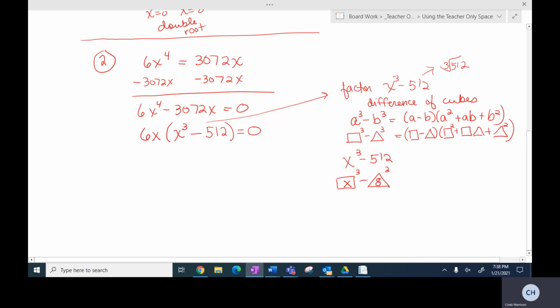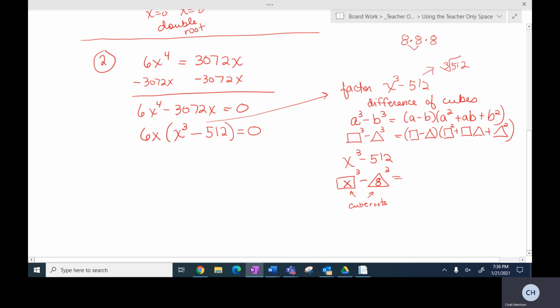If you say, well, how in the world is that right? We multiply 8 times 8 times 8. That gives us 64 times 8, which is 512. Again, your calculator can help you with that. Once we know what that cube root is, the cube roots are what get plugged in here.